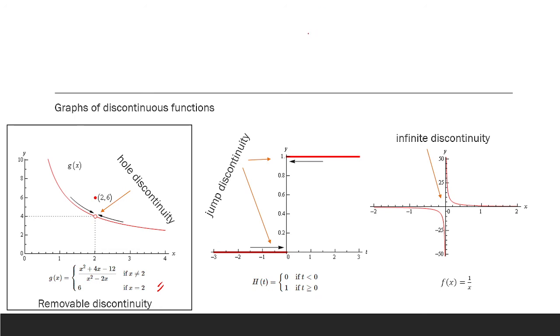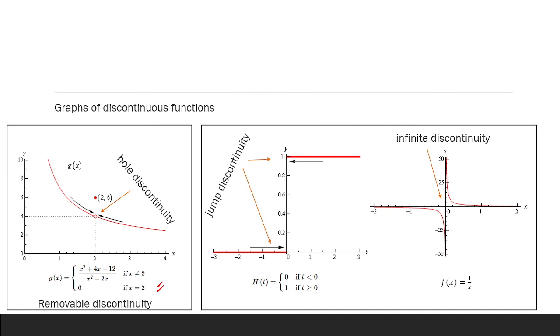However, for the jump discontinuity and the infinite discontinuity, we cannot just alter this equation and then magiging continuous na yung function natin. So, therefore, pasok sa category na tinatawag natin na non-removable discontinuity si jump and infinite discontinuity.